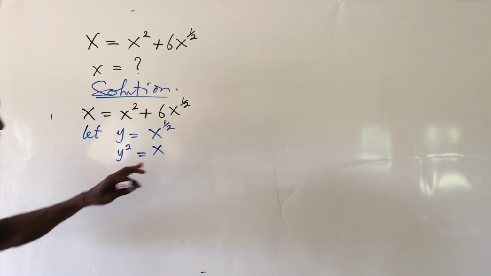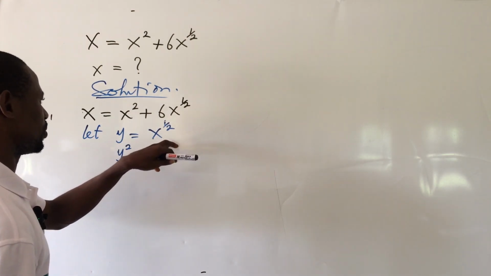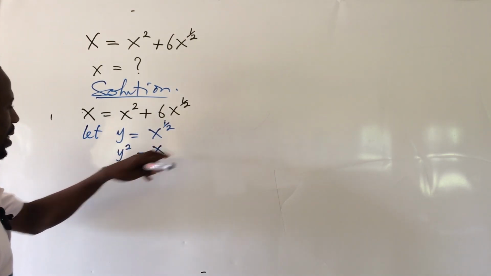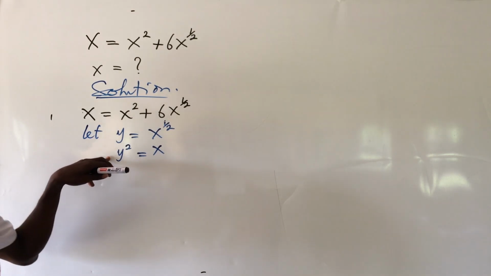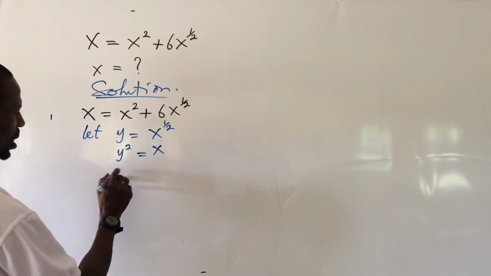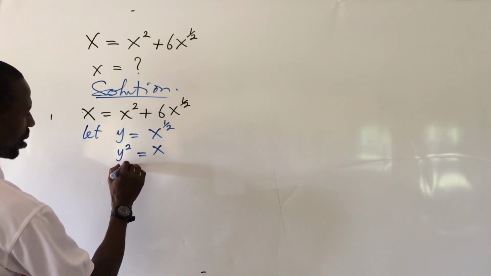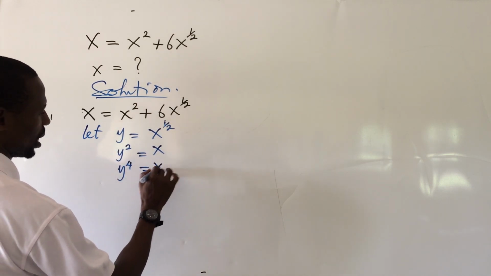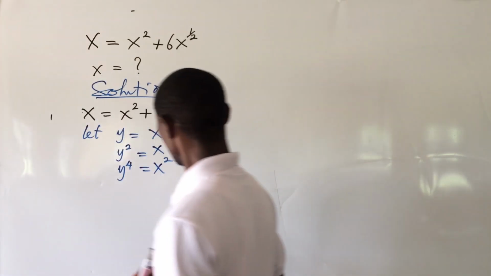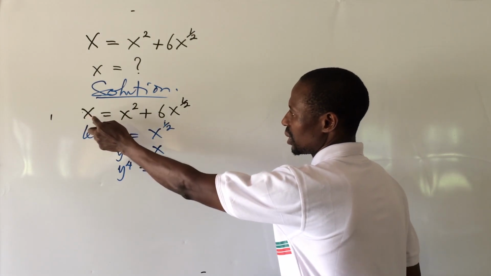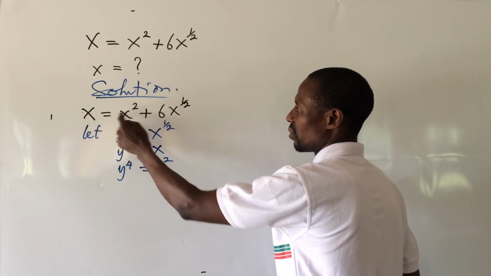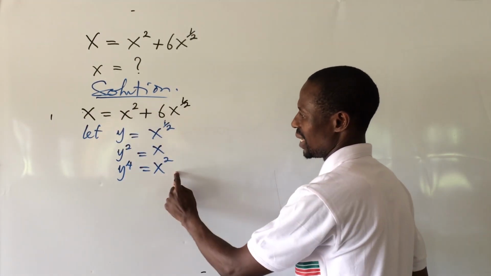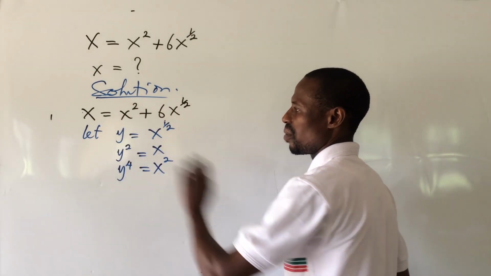Then if we take the square of x again, we get y to the power of 4 equal to x squared. So we now have all the powers of x represented by y.